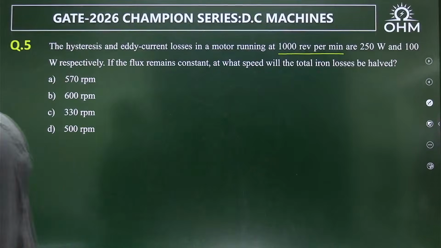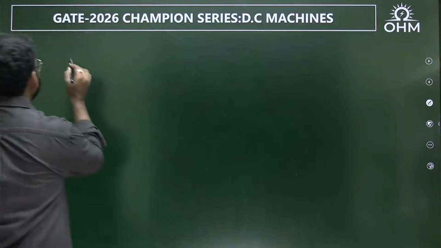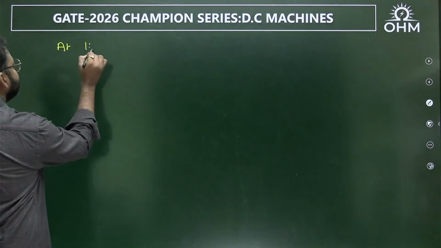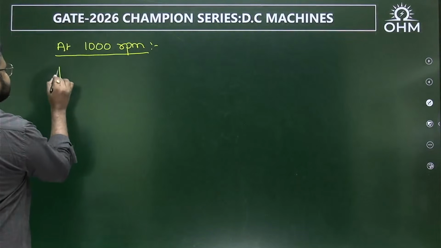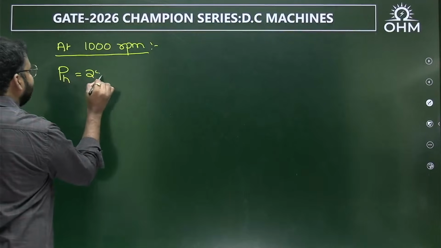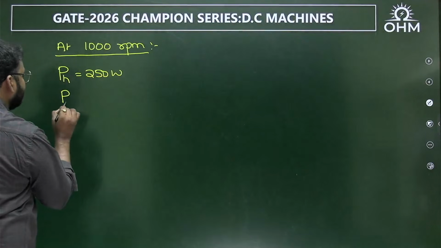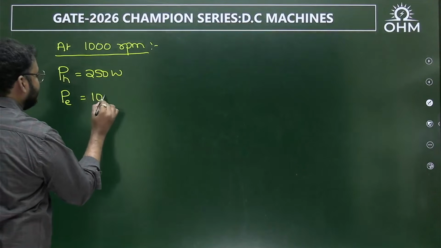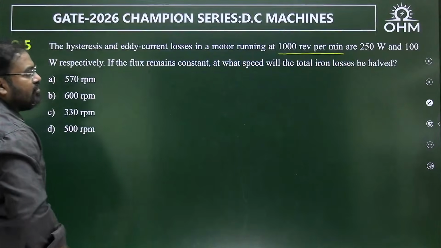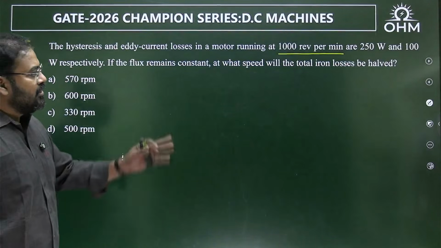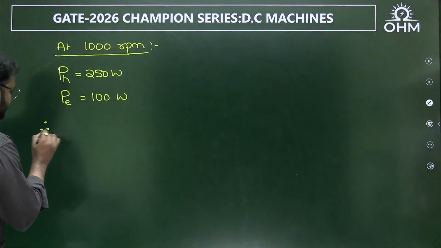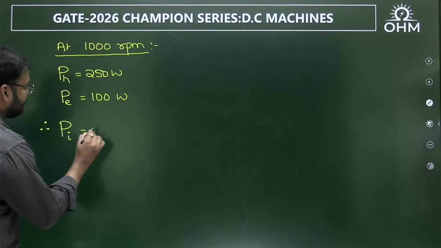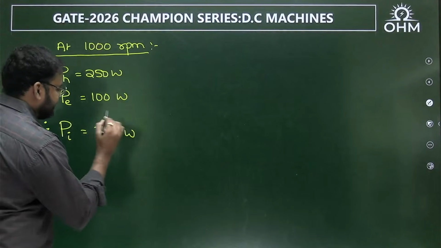So at 1000 RPM, hysteresis loss was equal to 250 watt. Eddy current loss was equal to 100 watt. Then what will be the total iron loss? 250 plus 100. Is it not 350 watt? Therefore, the total iron loss is equal to 350 watt.